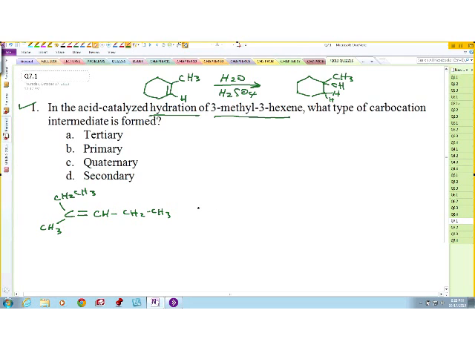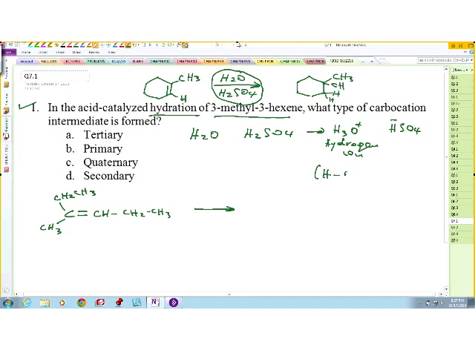Okay, so what is the first thing that is going to happen? You know that this here, water in the presence of sulfuric acid gives you the hydronium ion. Okay, this is your hydronium ion here. And you may want to think of the hydronium ion as this here.